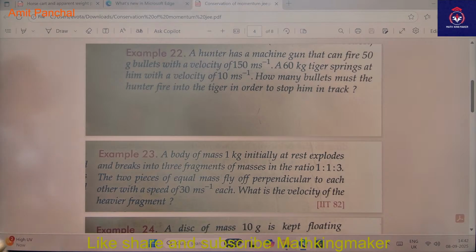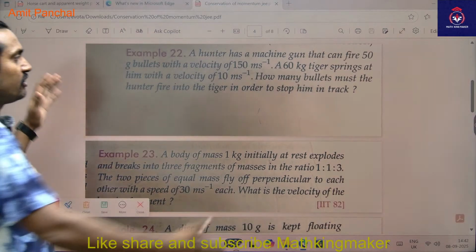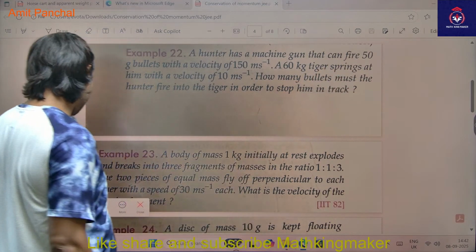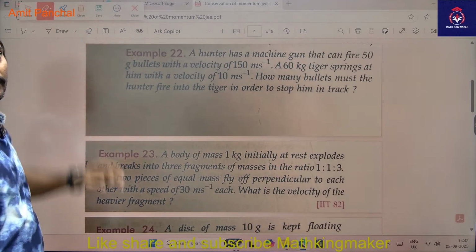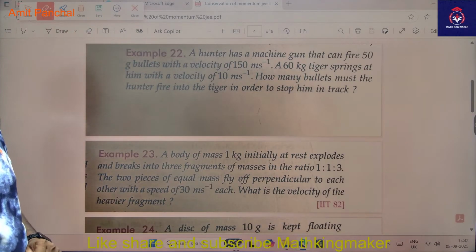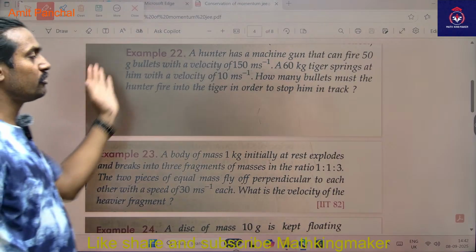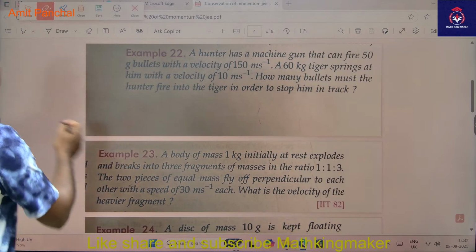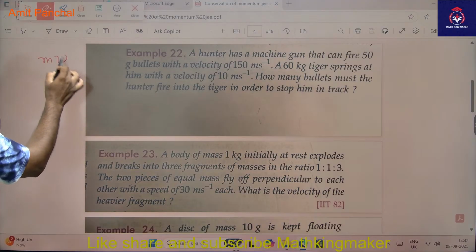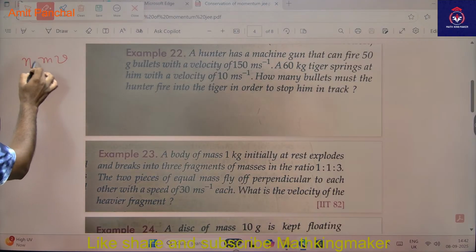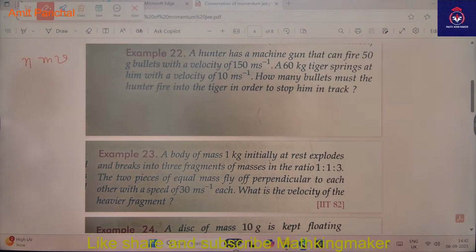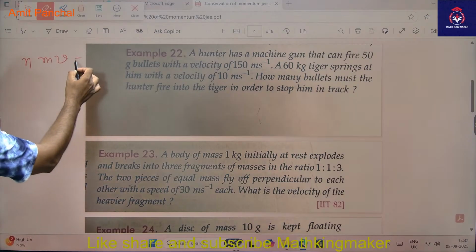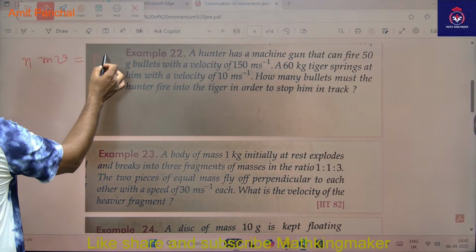And that should be equal. If you want to stop the tiger, your momentum must be equal. But how many bullets you need to fire? Let us say the momentum of one bullet is mv and the momentum of n number of bullets is nmv. That will be equal to the momentum of the tiger.